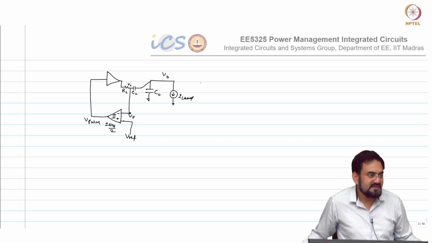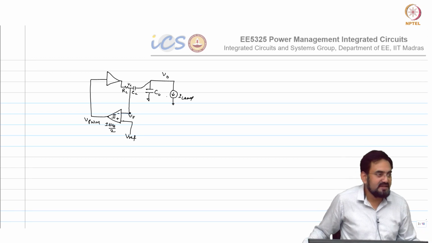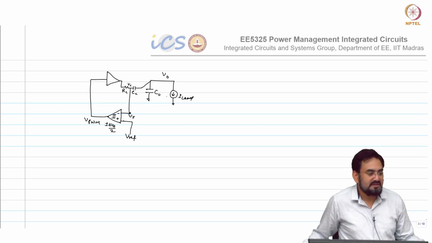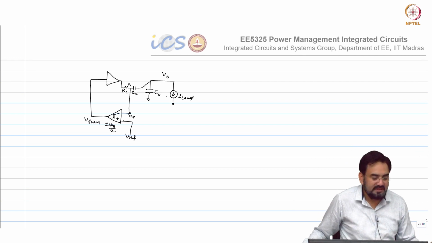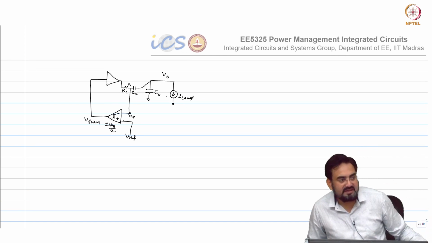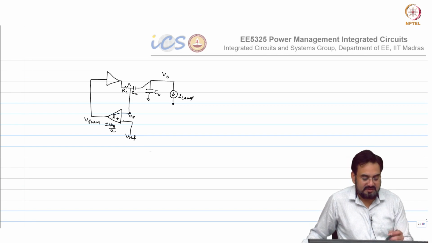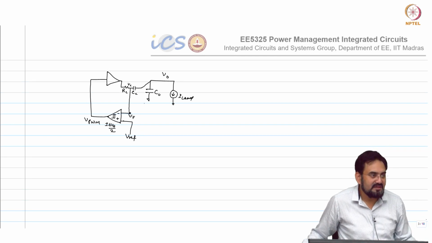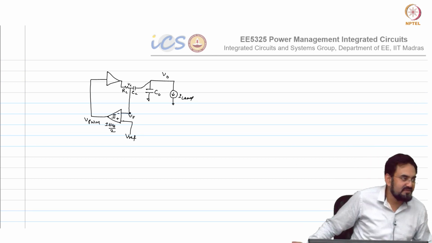In terms of frequency, there is no change as such, because your RC time constant is defining the frequency, correct, and you are only looking at a ripple component. Let us say forget about the regulation, then in terms of frequency there is no difference whether you have the inductor or not, or whether you have a feedback loop, unless the component coming from the output is significant compared to this ripple component. Only then it will start affecting the frequency.